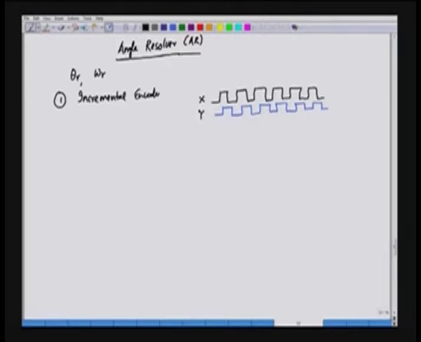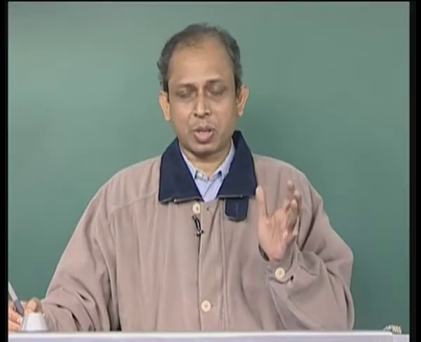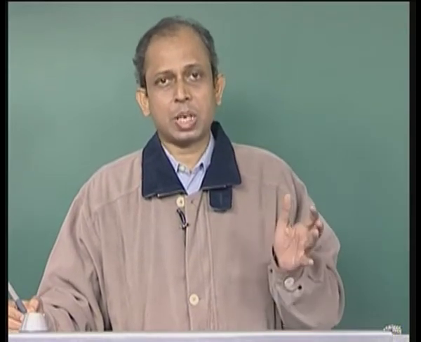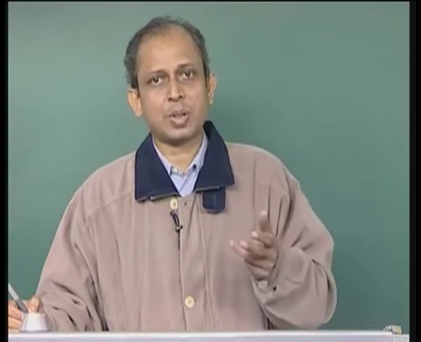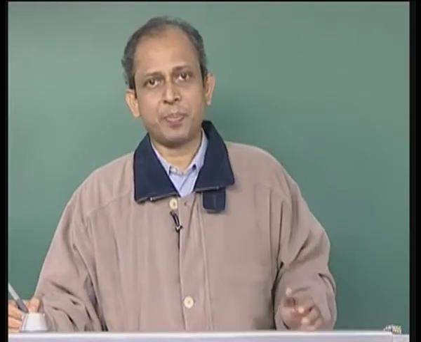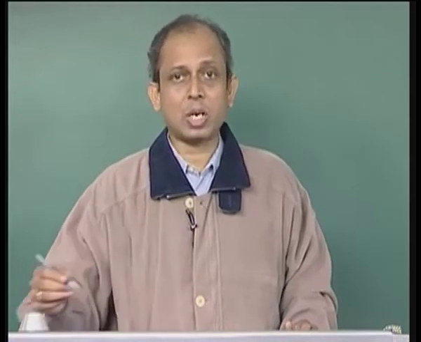In addition to that, the encoder also gives us another signal called a marker pulse. Marker pulse comes once in a revolution. So, this pulse just gives us one pulse in a revolution like this. This may be the signal called Z. So, if we use an incremental encoder, which is not very expensive and can be very easily mounted on the rotor, we will have 3 signals x, y and z, and in this case x and y are in quadrature.